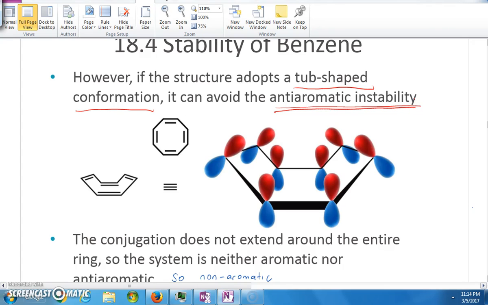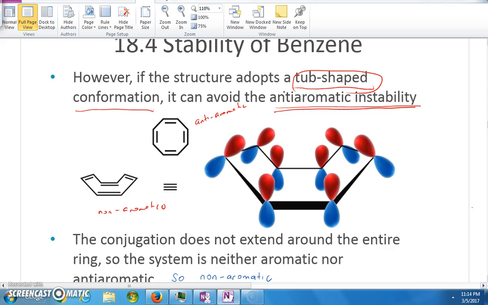Remember, I told you that anti-aromatic is the least stable. So the molecule will not want to be the least stable, it wants to enjoy better stability. So it goes from being anti-aromatic to being non-aromatic, by assuming this tub-like shape. You see, molecules actually behave like humans.